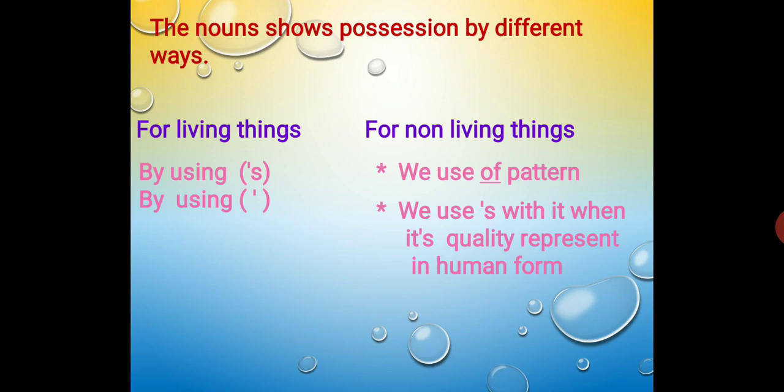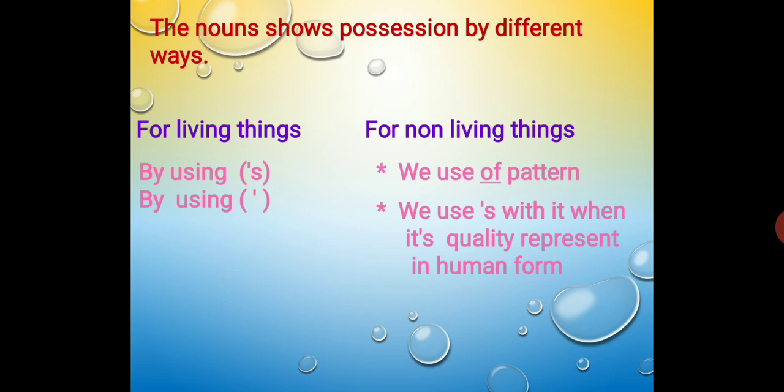Understand? And the second rule is we use apostrophe s with it when its quality is represented in human form, meaning living form, for example nature's beauty. Nature is a non-living thing, right? But we learnt in gender that in some cases the writer uses them as feminine or masculine. Do you remember? Yes.